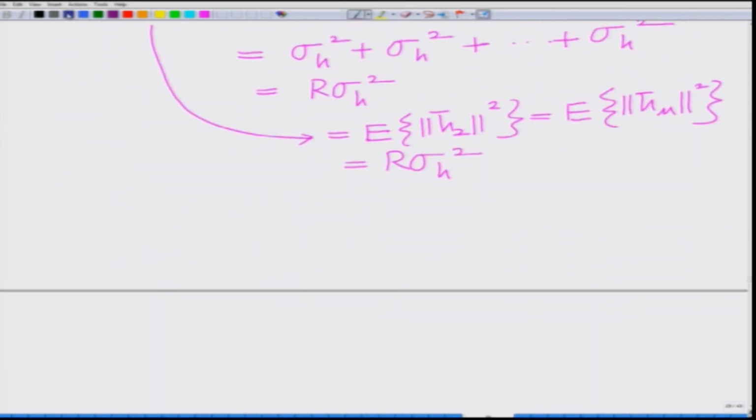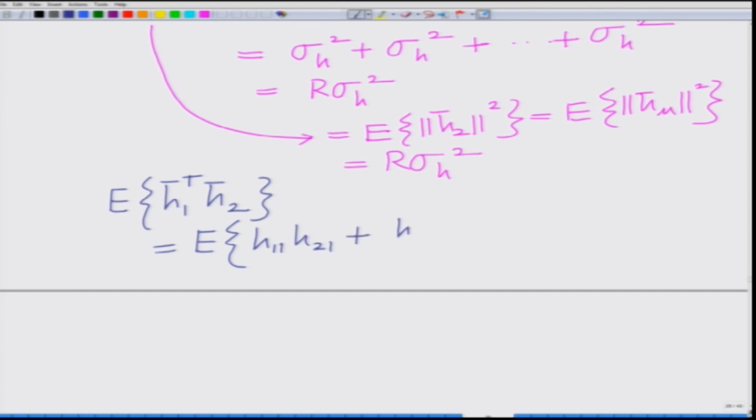Typically the diagonal entries demonstrate slightly different properties compared to the off diagonal entries. Expected value of H1 bar transpose H2 bar is equal to expected value of H11 H21 plus H12 H22 plus so on.